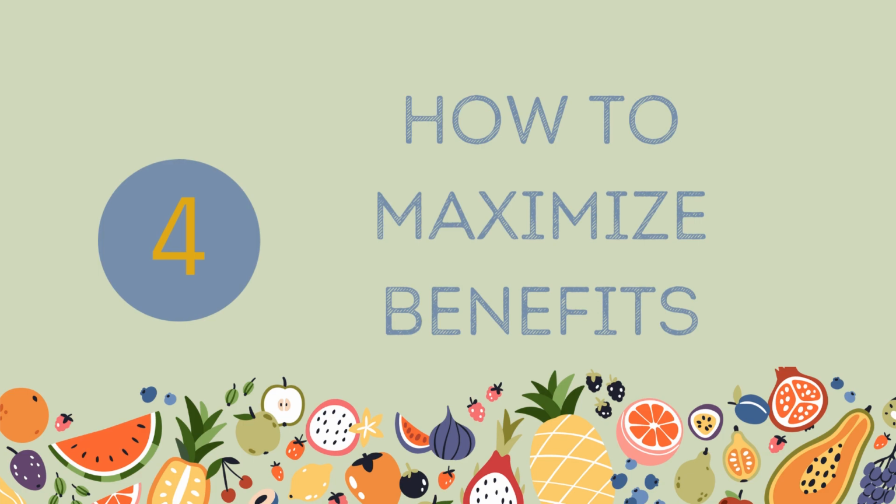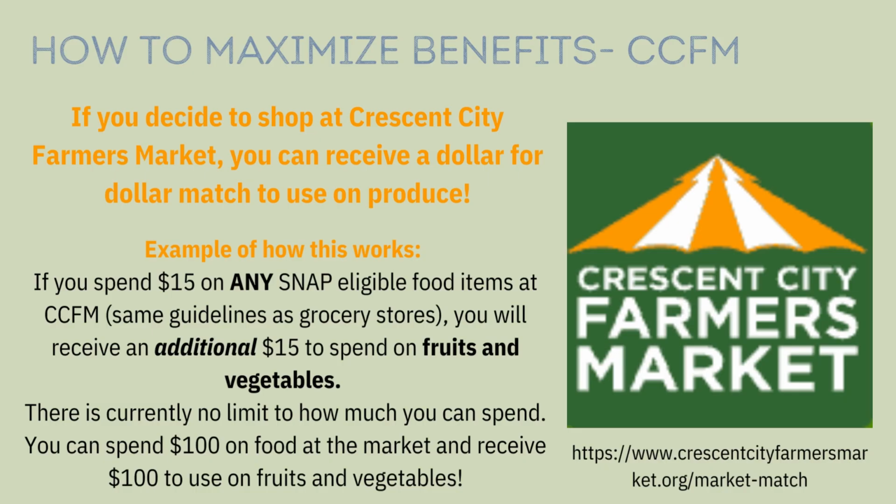Let's move on to how to maximize your benefits. So we have some local organizations that are doing some wonderful things to support SNAP. So if you decide to shop at Crescent City Farmers Market, you can receive a dollar for dollar match to use on produce. So let's go through an example of how this works.